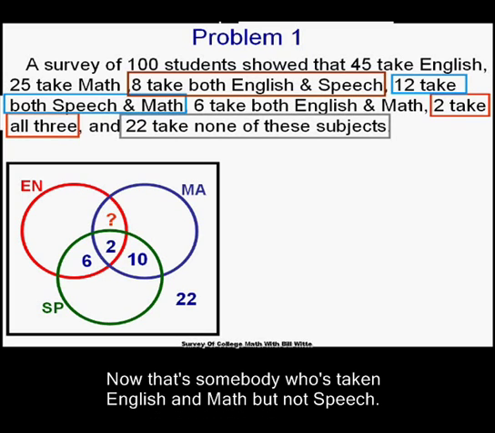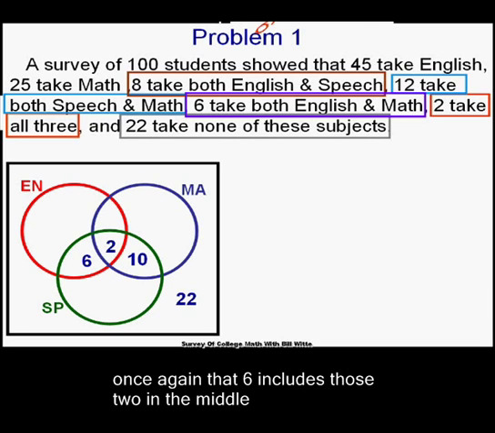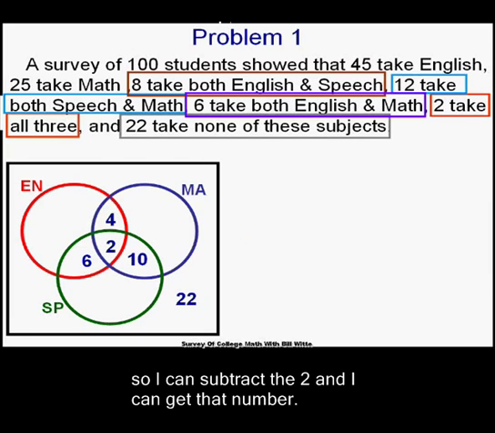Now that's somebody who's taken English and math, but not speech. Well, they told me 6 take both English and math, and once again, that 6 includes those 2 in the middle, so I'll have to subtract the 2, and I can get that number. Okay, what other numbers have I not used here?